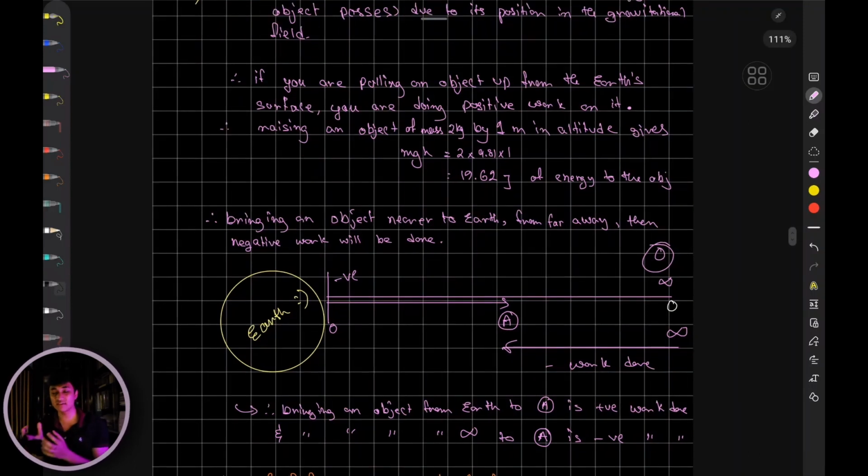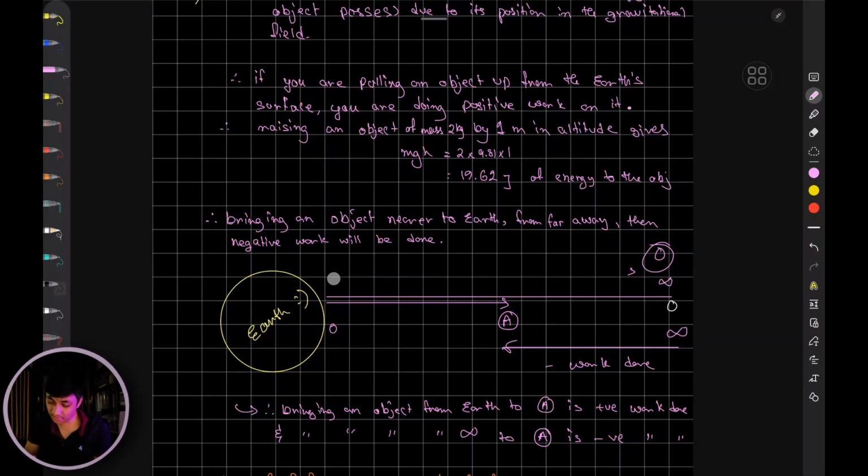Because only if the potential energy near the surface is negative, will it increase to a potential energy of 0 at infinity. That means when it has a potential energy of 0, it is outside the gravitational field of Earth. That means it is not under the influence of the gravitational force of Earth, right?